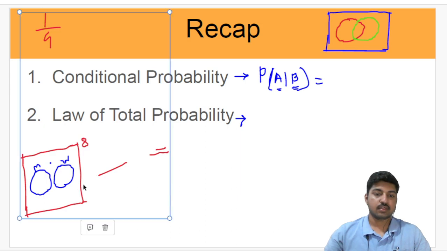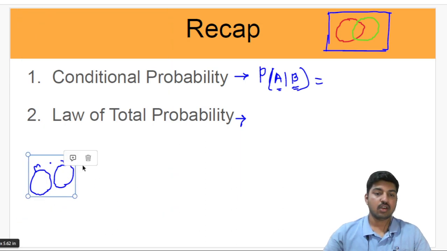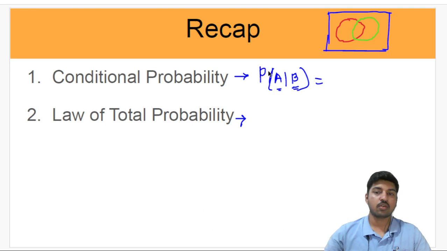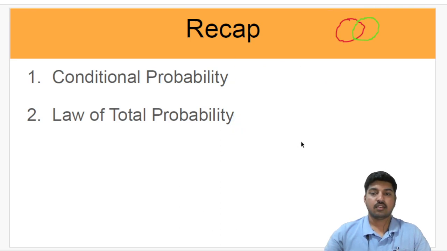Now you tell me, what is the law of total probability? For the law of total probability, there are some conditions like conditional probability should be there.